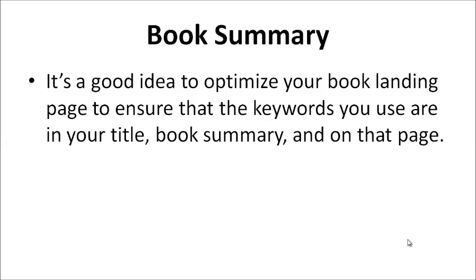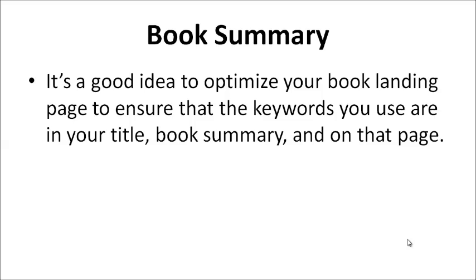Another thing I want to mention is that whatever categories or keywords you use, it's good to optimize your book landing page, which consists of your book summary, possibly your bio, and things like that. Your book summary, your book description, and things like that pertain to that specific book.